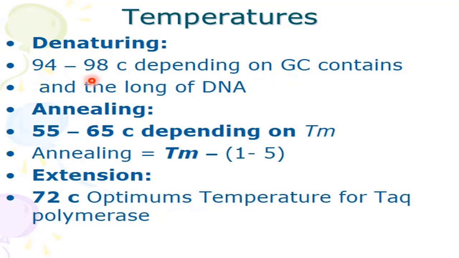Each cycle consists of these three processes, depending on the temperature. Denaturation occurs at 94 to 98 centigrade, depending on the GC content, the guanine cytosine ratio. Students, I want to remind you: the higher the guanine to cytosine ratio of the primer, the more rigid it is and not easily denatured. So the higher the GC, the higher the temperature I need for denaturation. It also depends on a second factor, the length of the DNA: the longer the sequence, the higher the temperature I expect to be required.